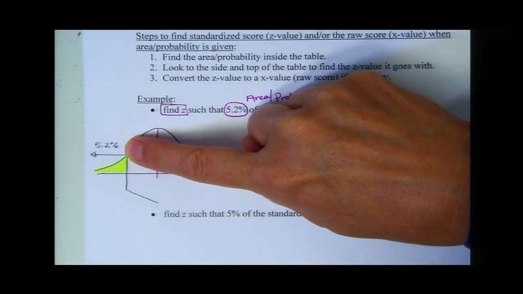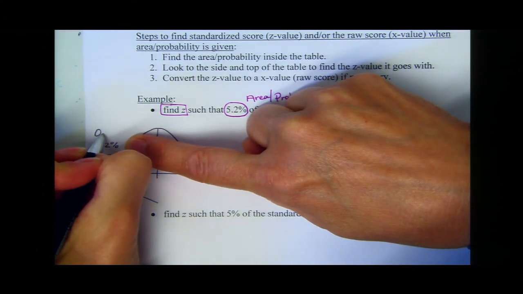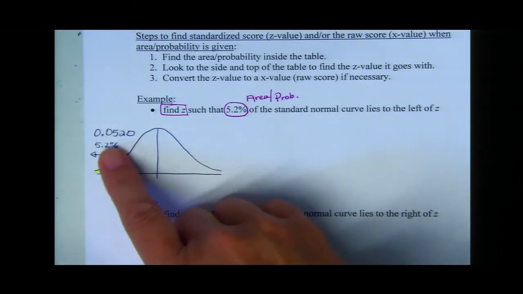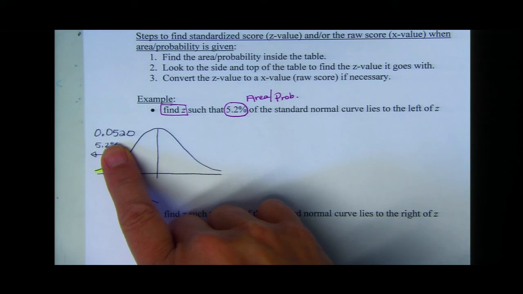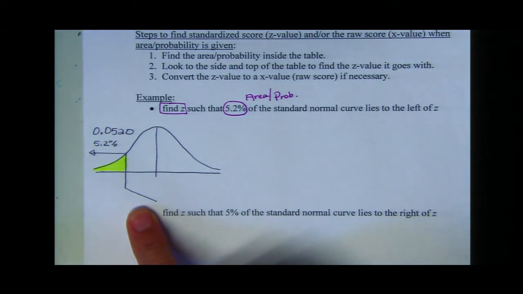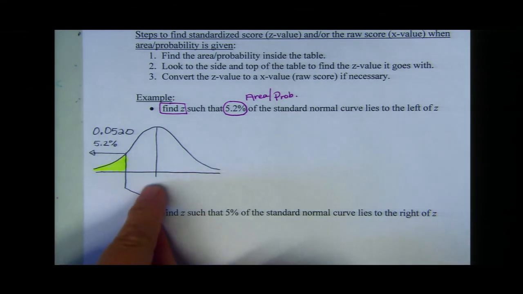Now on the table they show the area as a probability or in decimal form. So I'm going to rewrite this as 0.0520. So this is the probability that I'm going to look for on my table. Well, I know my z value has to be a negative number because it's to the left of mu.